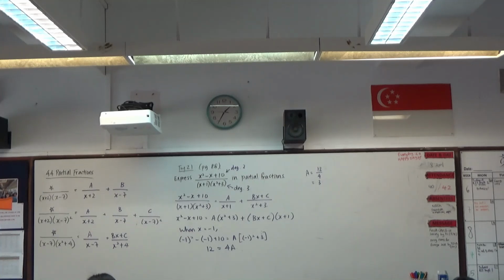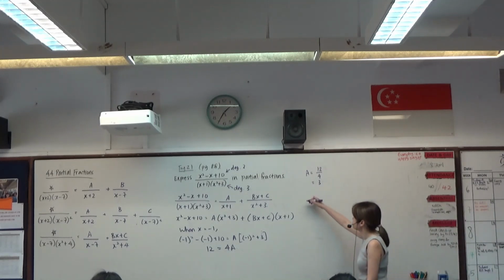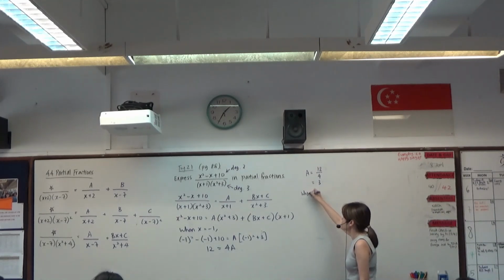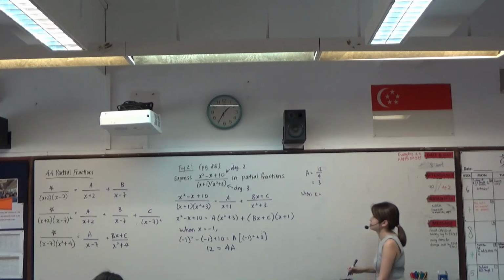How can we find B or C? If I still want to do substitution, which is still possible, how can we find B or C? Just put x equals to 0.